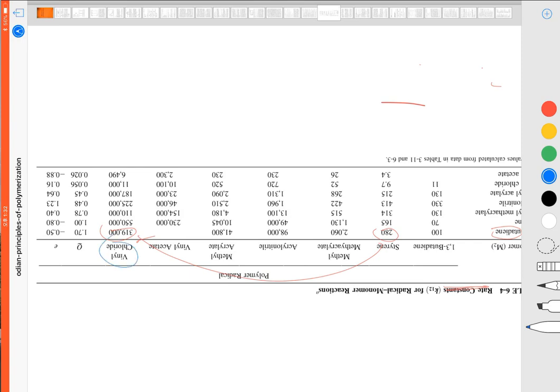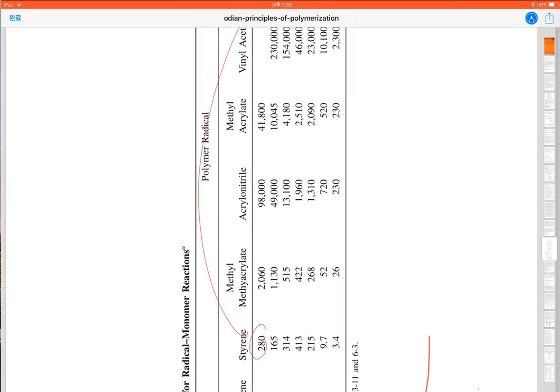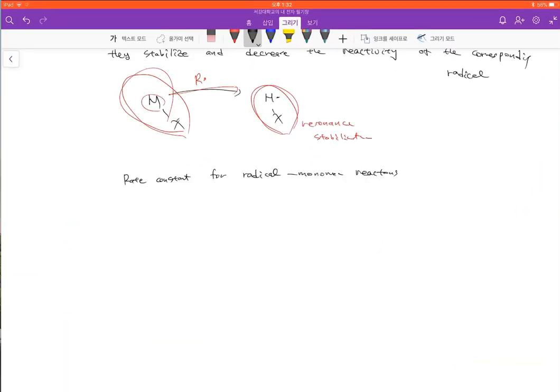And if you fix the radical, let's say we just use vinyl chloride, the difference of the monomer, like butadiene and vinyl acetate, is 319,000 to 6,000. The difference is like 50 times, right?